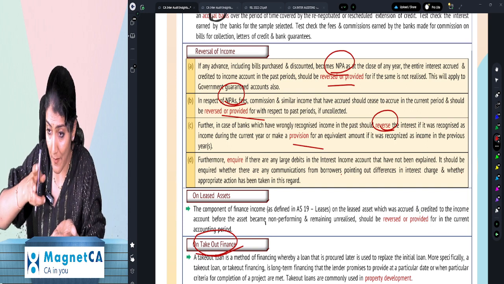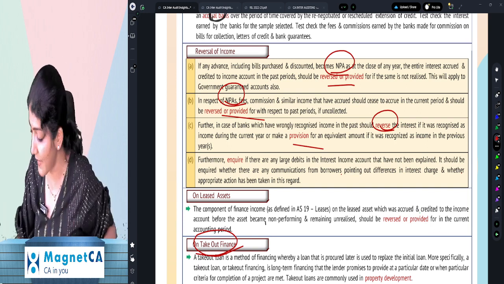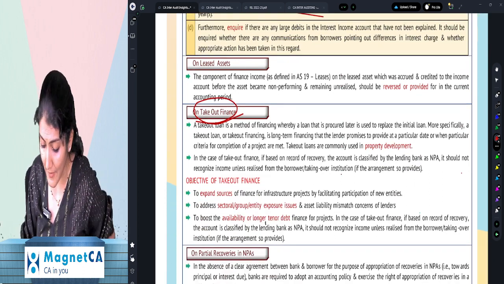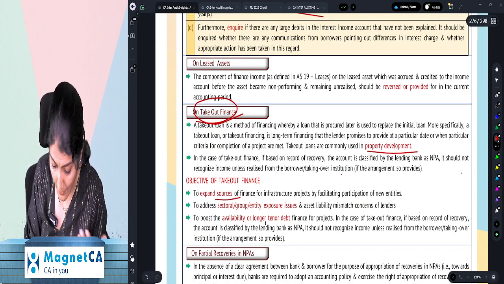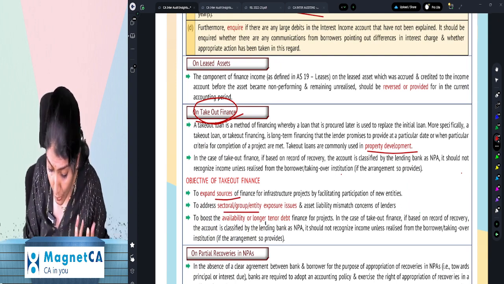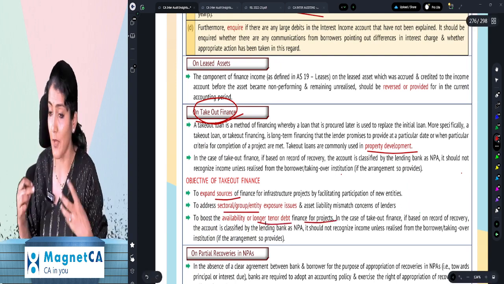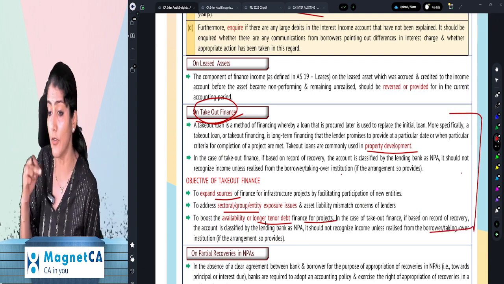Obviously when one stage is over, you get the loan for the next stage. That is called takeout finance, mainly for property development. It is used to expand the sources, address sectoral and group entity exposure issues, and also provide long-term debt for the finance of the project. So you can read this point regarding takeout finance.